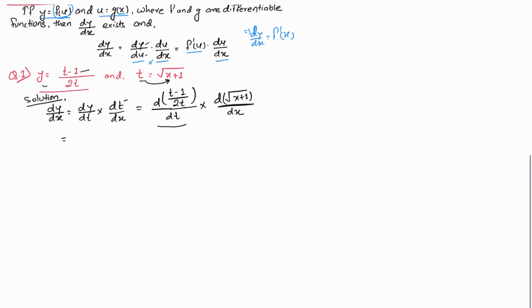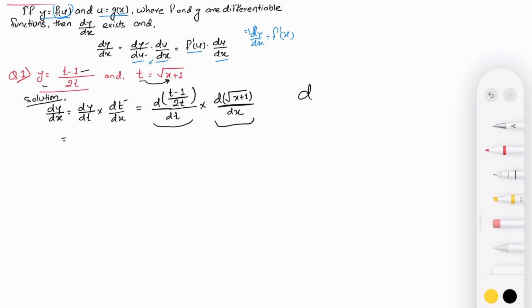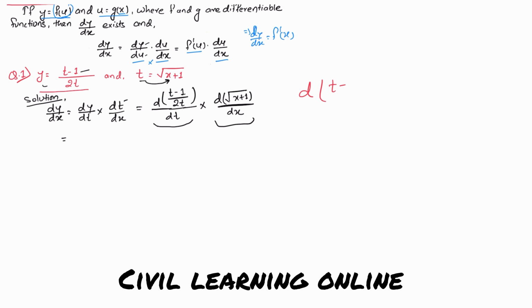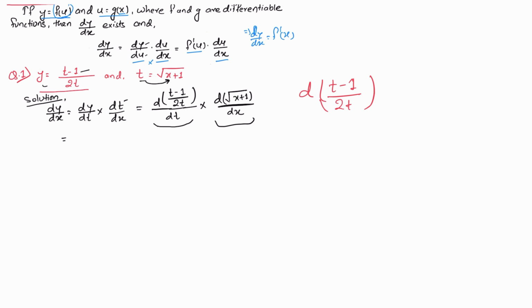Let's find the derivative of this portion once and then this. So we will find the derivative of t minus 1 by 2t with respect to t. How are we going to do this?